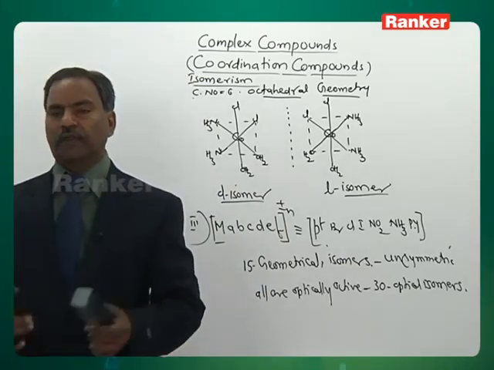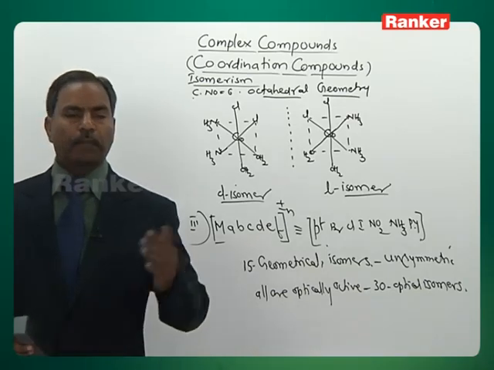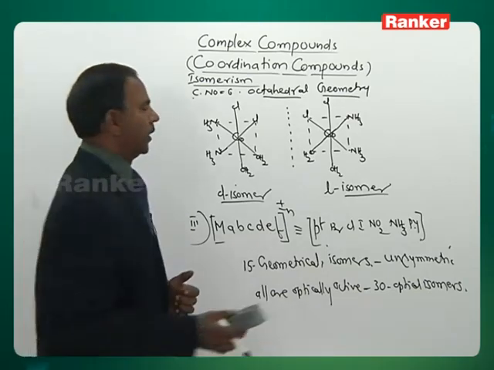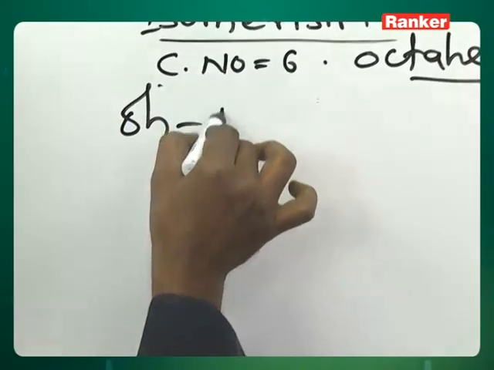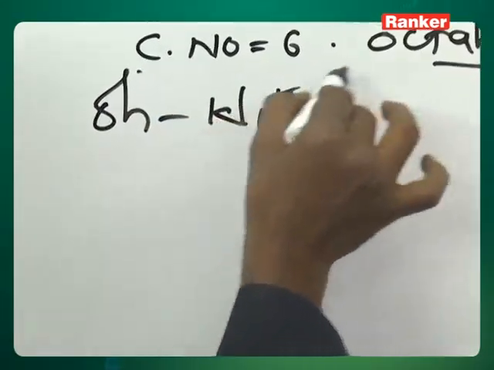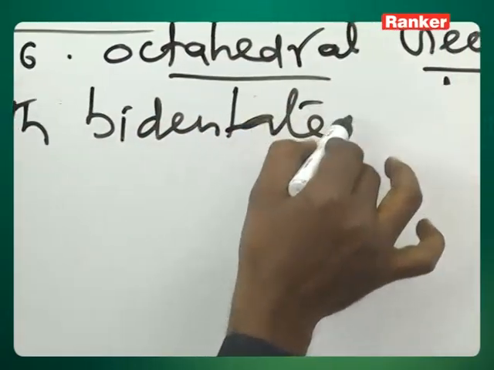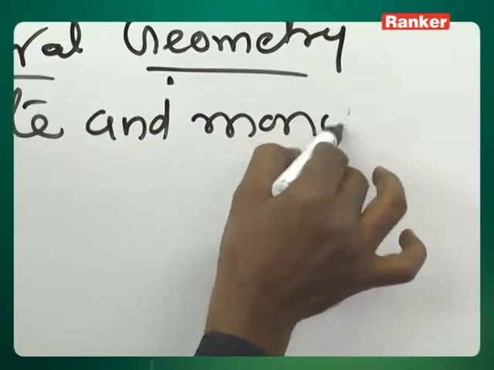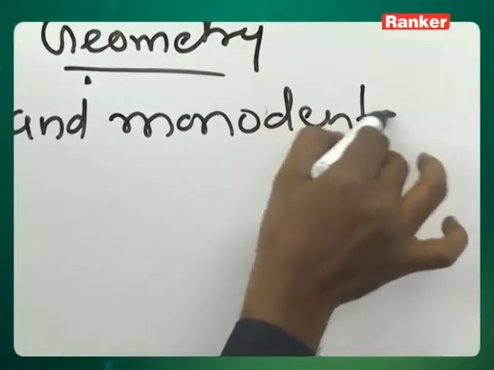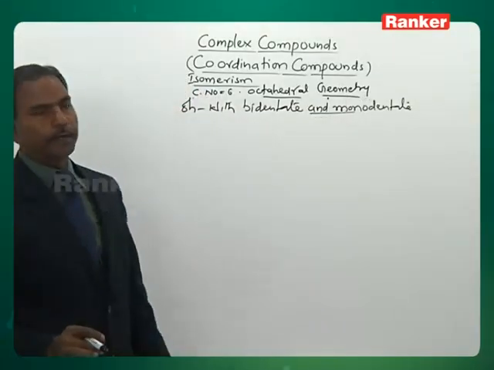This was only with monodentate ligands. Let us see next bidentate and monodentate ligands, so octahedral with bidentate and monodentate ligands.